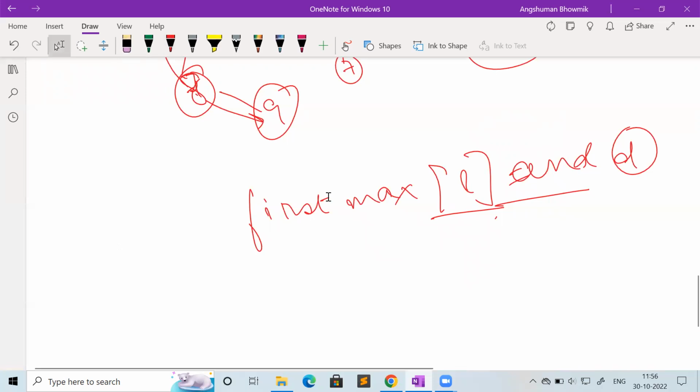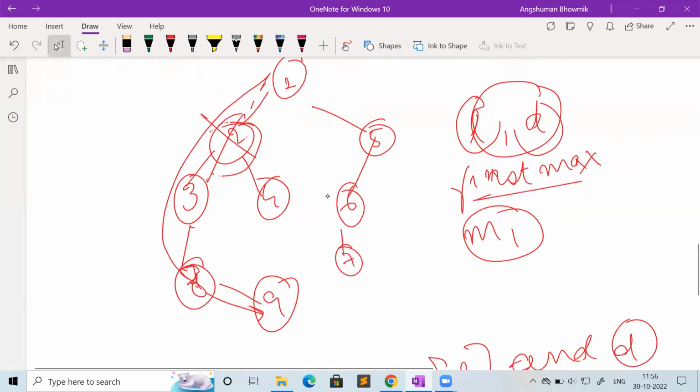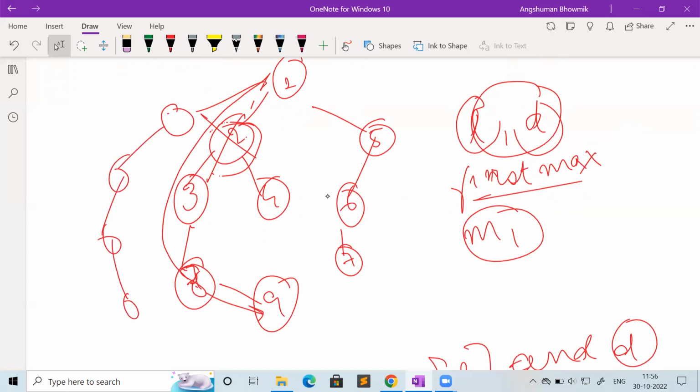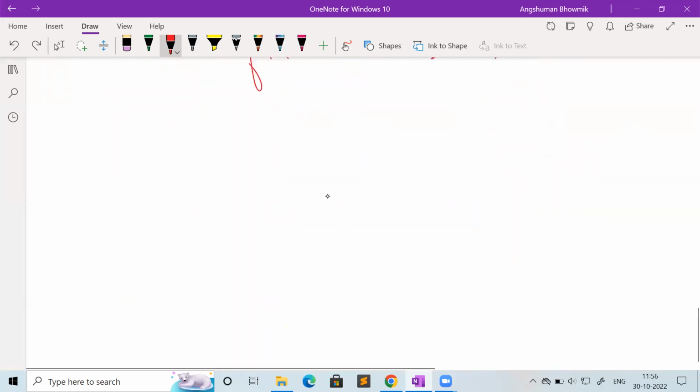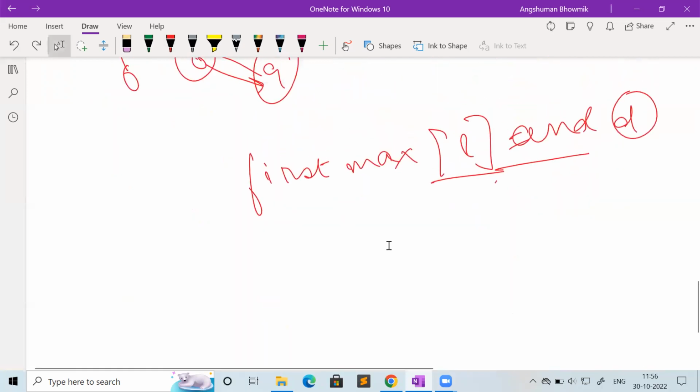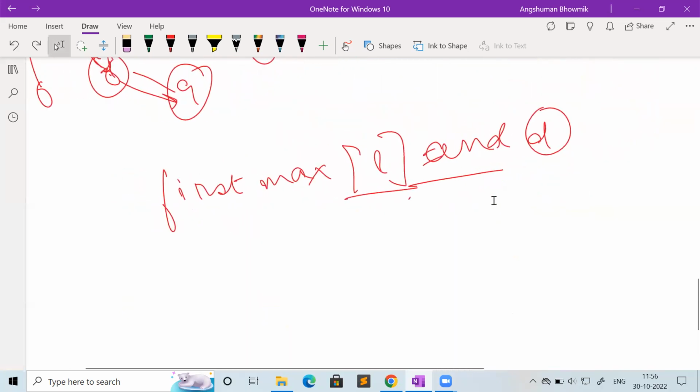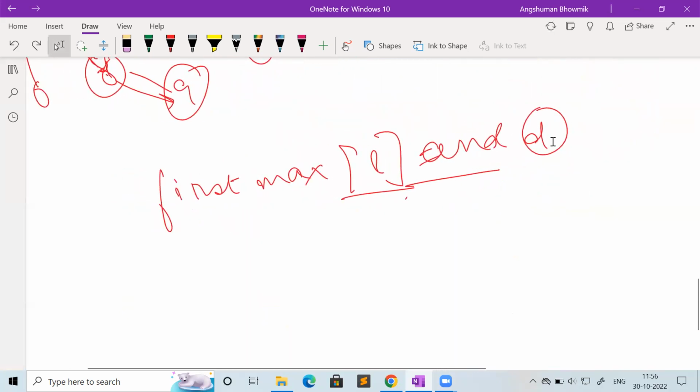Notice how I say can be, not exactly, because it might happen that 1 is connected to some other node, and this also in turn has a height of 4. So here both this path and this path can contribute to the height of the tree. So if the first maximum and the depth of the query node, in our case 2, are equal, that means 2 can be contributing to the overall height of the tree.